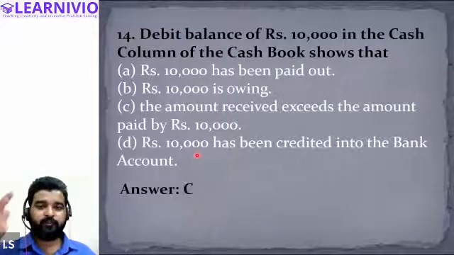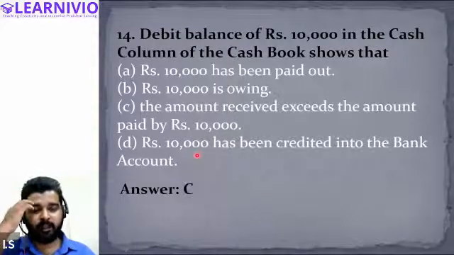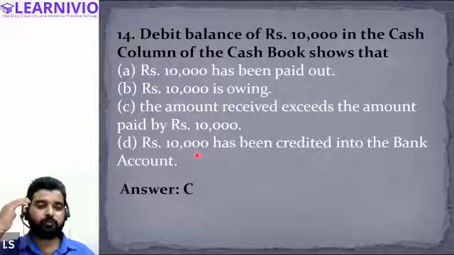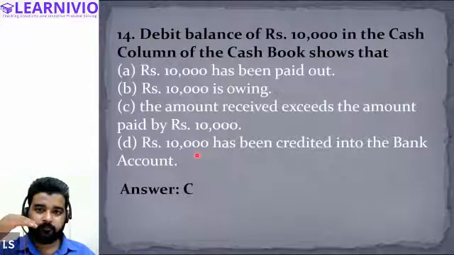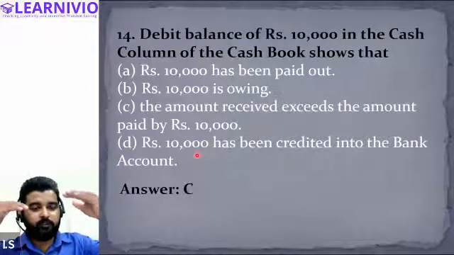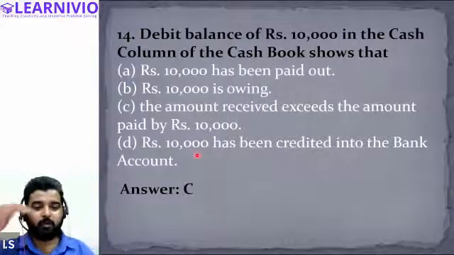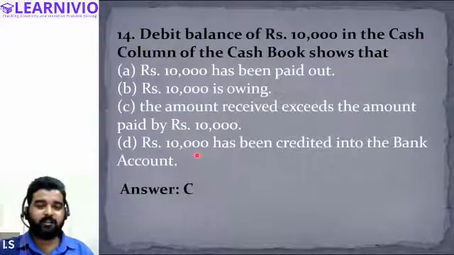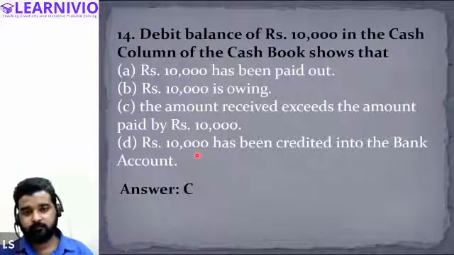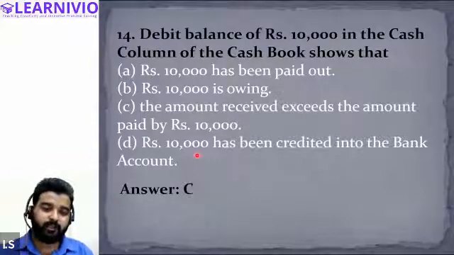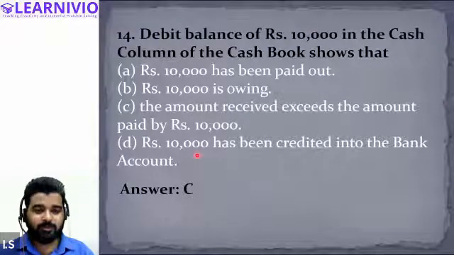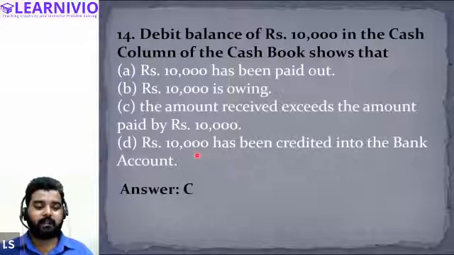So let's say I have 30,000 on the debit side and 20,000 on the credit side. Tell me by how much amount debit side exceeds the credit side? 10,000.